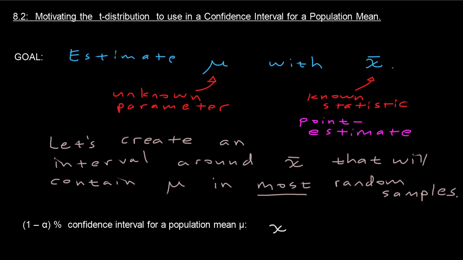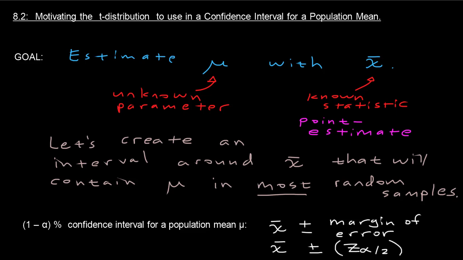In general, the way that this interval is created is it's plus or minus from the sample mean some sort of margin of error. So what goes into that margin of error? Well, it's composed of some value from the z distribution, that's a z critical value.